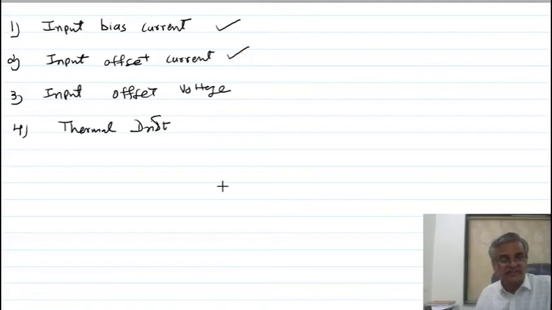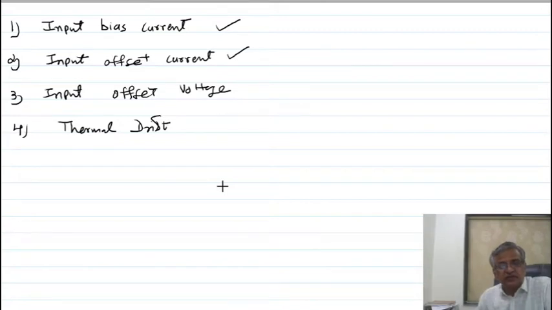So in this lecture we are discussing some DC characteristics of the non-ideal op amp which are responsible for introducing error at the output, and also we will see the compensation technique to reduce the error due to such DC characteristics.